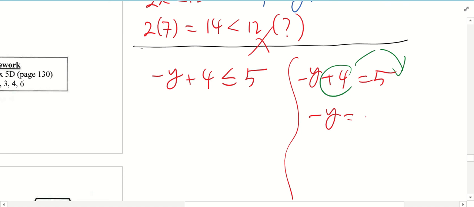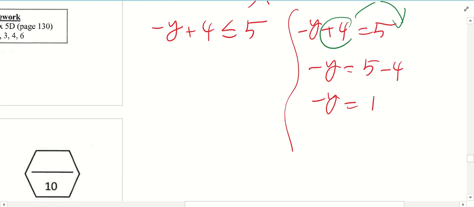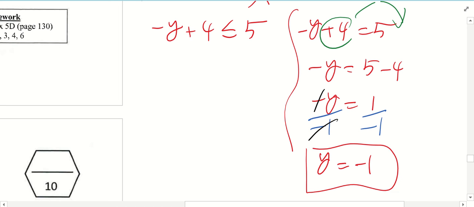Negative y equals 5 minus 4, so negative y equals 1. Then we want to isolate y, so we divide both sides by negative 1, so that I can cancel the negative sign with the negative 1. And what do I get in the end? y equals negative 1. Just one particular value, negative 1, nothing else. So this is when we deal with equations.